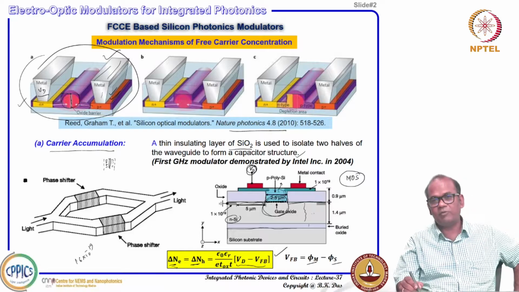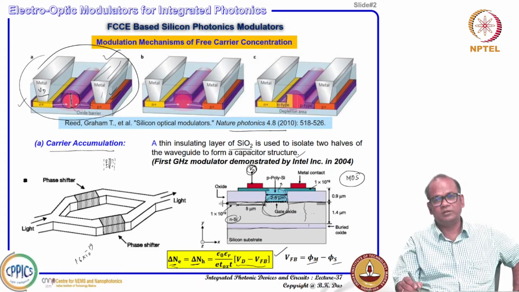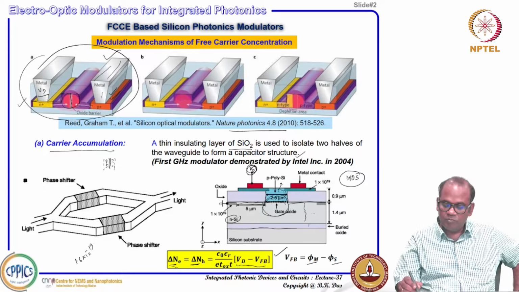It has been shown that about 9% of the field distribution penetrates into the polysilicon. Because you know polysilicon is like a metal, if more field penetrates into the metal, you experience a lot of loss. So that's why it is designed such that the majority of the guided mode lies in the n-type silicon, a weakly doped silicon surface.